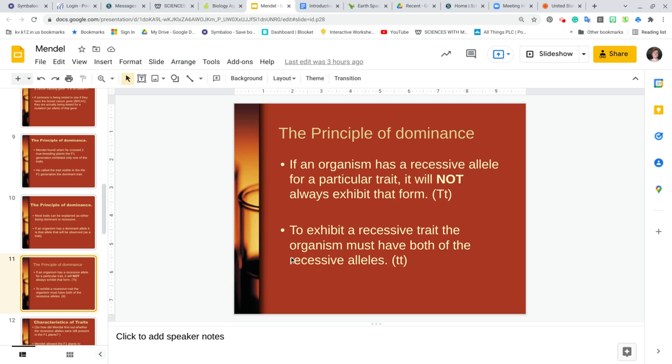But I do not have blue eyes. I have hazel eyes, thanks to my mom's brown eyes and some wandering modifying gene, which we also talked about yesterday. So anyway, I do not show the recessive trait. To exhibit a recessive trait, the organism must have two recessive alleles. In this case, this was tall in the pea plant, big T, and little t.